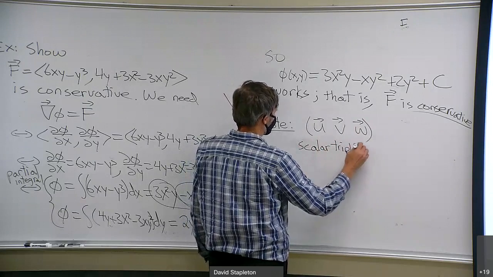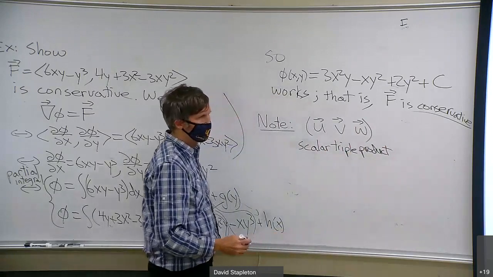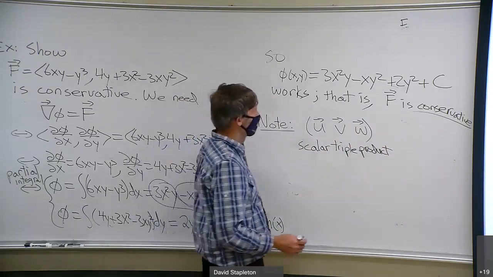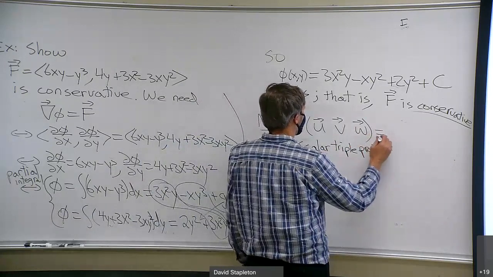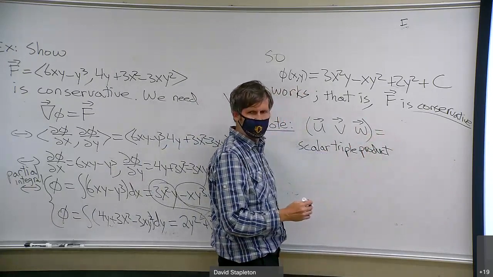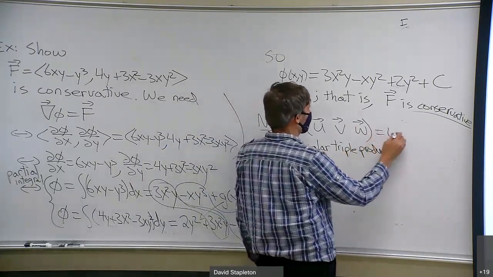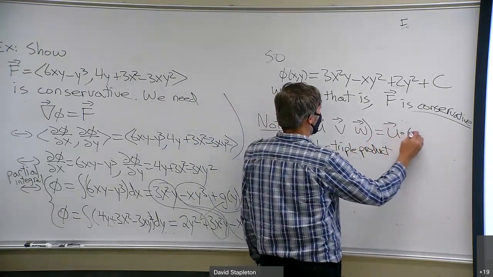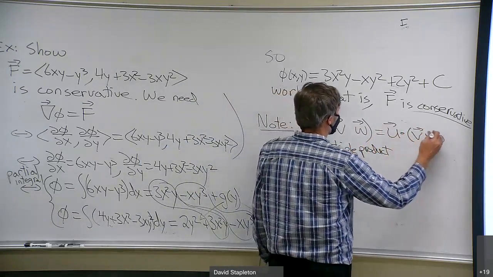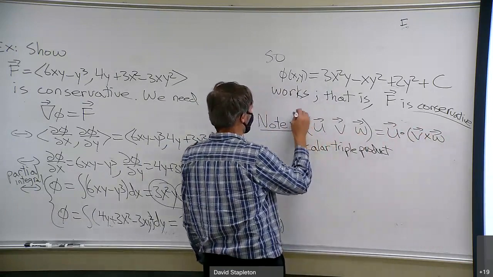I remember saying this before: the scalar triple product is U dot V cross W, in 3 dimensions only, because the cross product is only defined there.